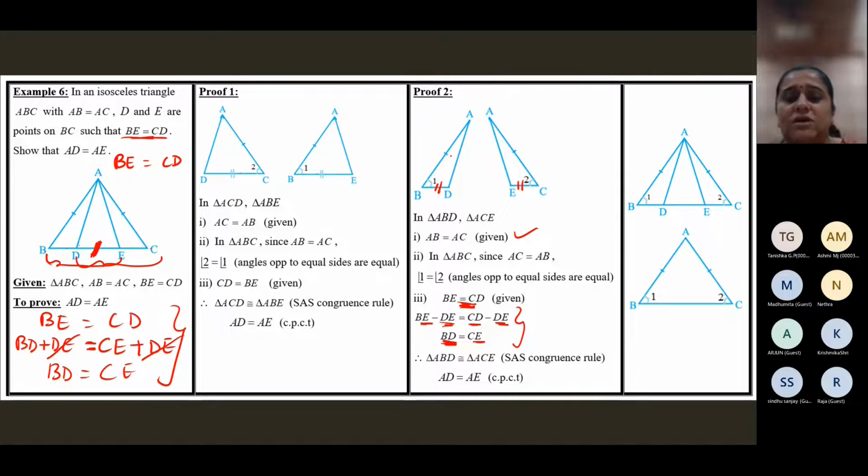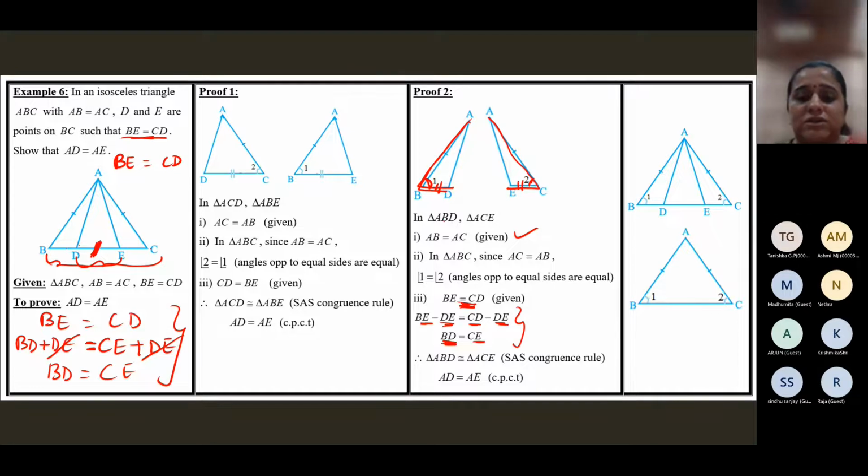So again, it is one pair of equal sides, another pair of equal sides. And are the angles included angles, children? They are, because the arms of angle 1 are AB and BD, and the arms of angle 2 are AC and CE.